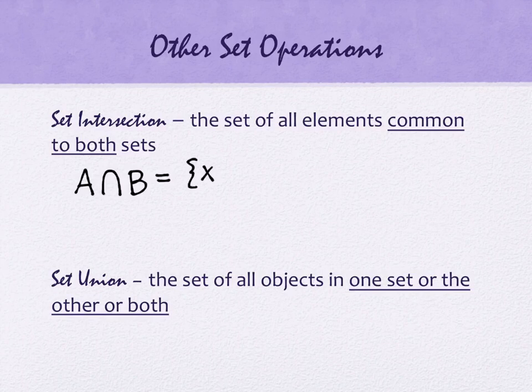This is the set of all x such that x is an element of A and x is an element of B. In other words, it's simply among both descriptors, whatever those descriptors are.